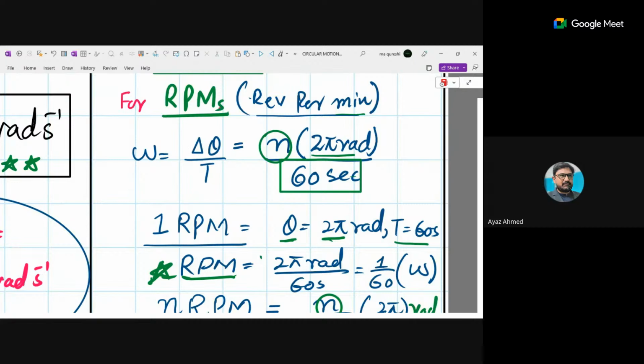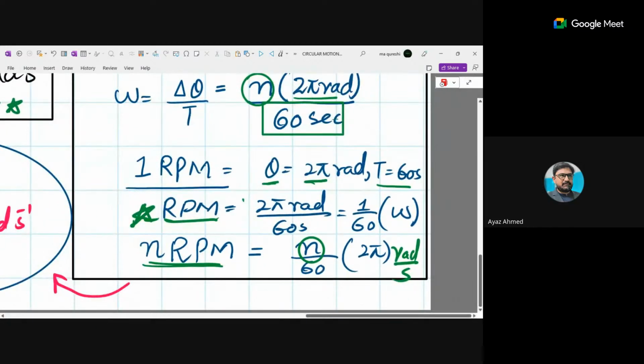So 2 pi radians divided by 60, because time is in minutes and a minute is converted into 60 seconds, so it is 2 pi by 60 radians per second. I'm going to make it simple for you. One revolution per minute means your angle has been subtended at the center of the circle for 2 pi radians in 60 seconds. So it becomes 2 pi radians by 60.